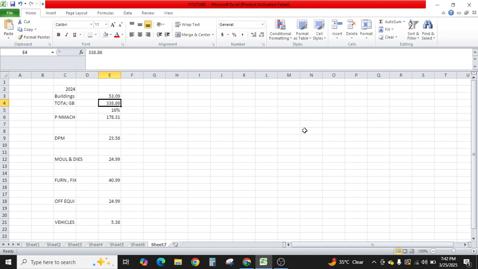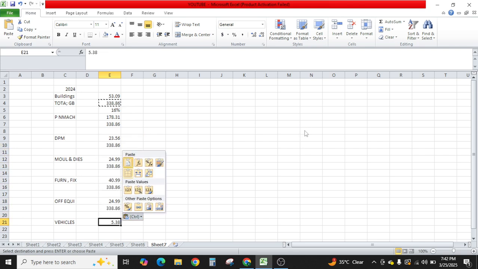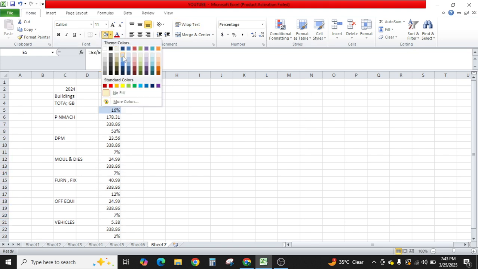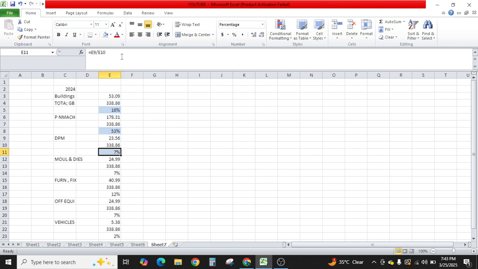This is 16%. So what we have done is taken the gross block of the building line item of FY24 and divided it by total gross block, which came to 16%.